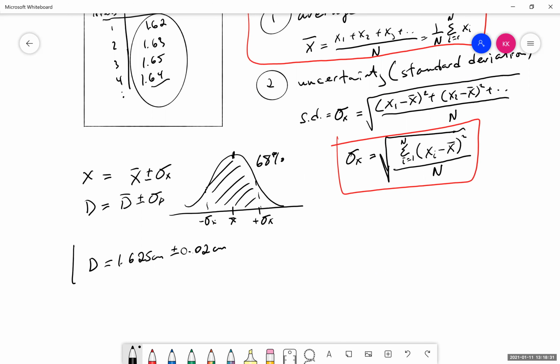This is how you represent your measurement. The best value that we can have is the average 1.625, but there are uncertainties of plus or minus 0.02 centimeters. That means it could be 1.645 or all the way down to 1.605. So you're basically giving a range.